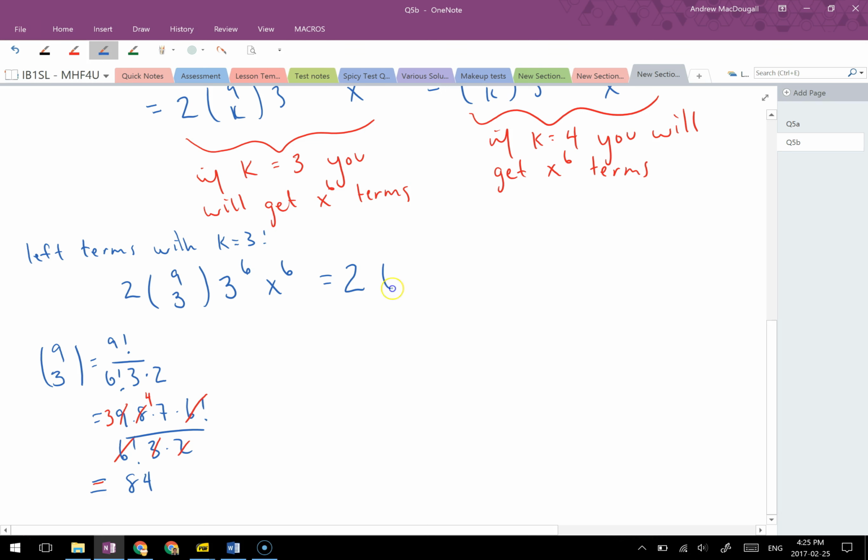So this is 2 times 84 times 3 to the 6. I would not expect you to do that on paper 1, so I will tell you what, I'll use my calculator here and calculate that. 3 to the power 6 is 729.